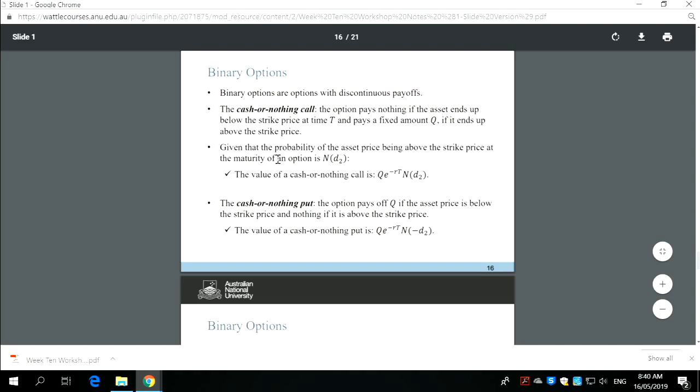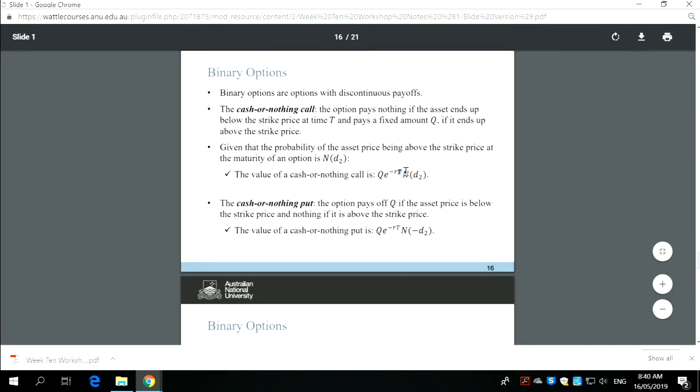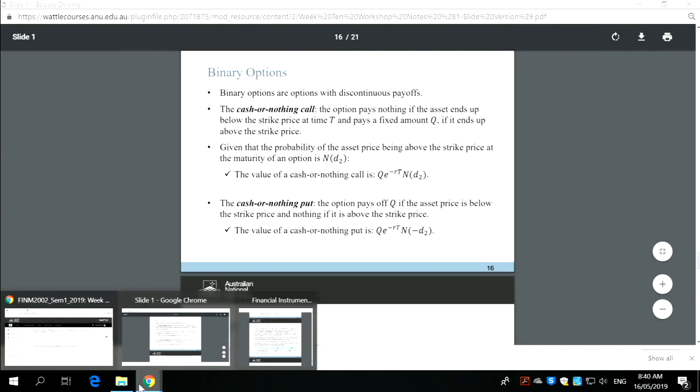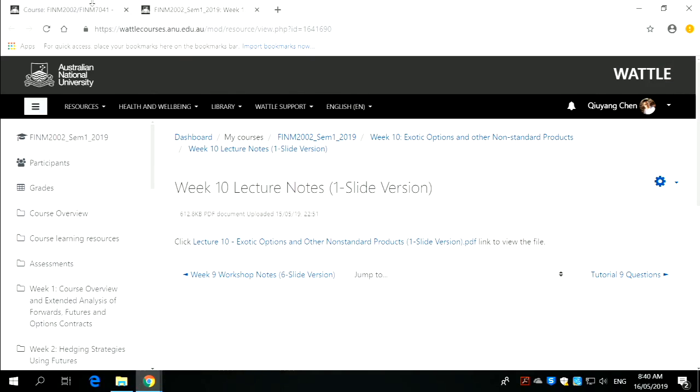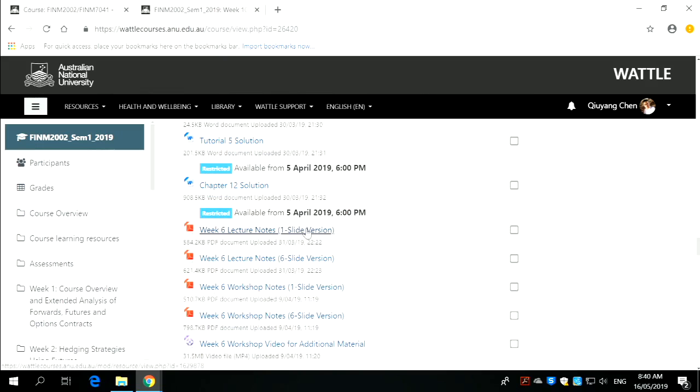Okay, and remember when we did the Black-Scholes formula back in week 6, I gave you guys intuition behind the equation, right? The intuition was that N(d2) is the probability that determines the spot price gets above the strike price. Remember? So if you go to your week 6 lecture slide, I gave you some intuition behind the Black-Scholes pricing equation.